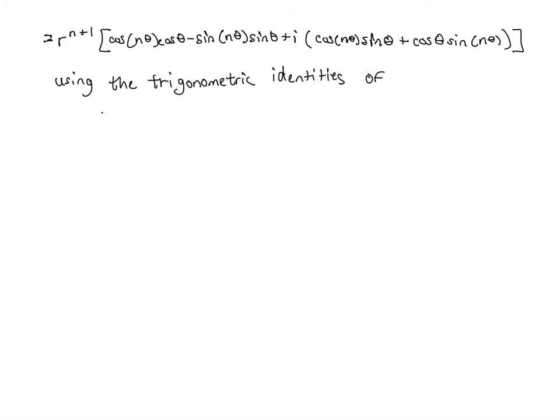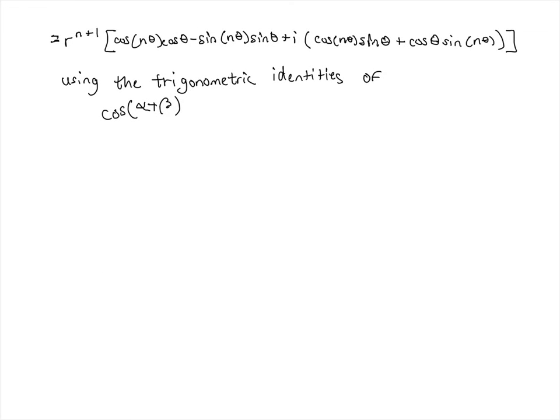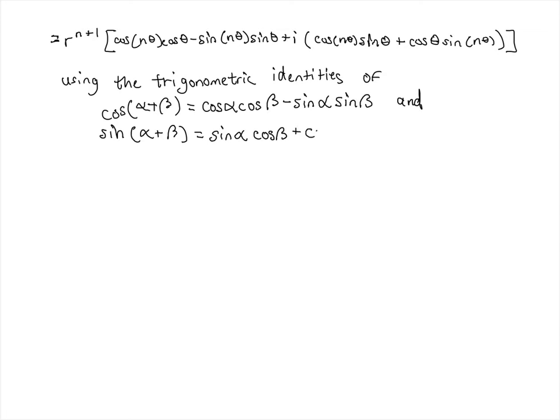So I'm going to use the identity that cosine of alpha plus beta equals cosine alpha cosine beta minus sine alpha sine beta, and that the sine of alpha plus beta equals sine alpha cosine beta plus cosine alpha sine beta. So subbing those in, it's going to make this look a lot cleaner.